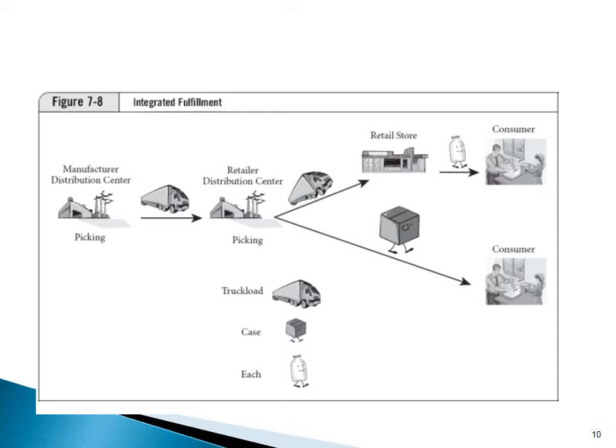The consumers also have the option of ordering items online, and it would be shipped in cases from the retailer's distribution center. So customers have got more options, and it is less expensive because the same existing channel is being used. That retailer's distribution center is used for both brick and mortar and for online or click and mortar presence, but it adds to their complexity.